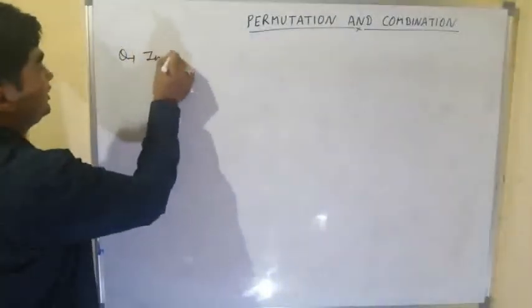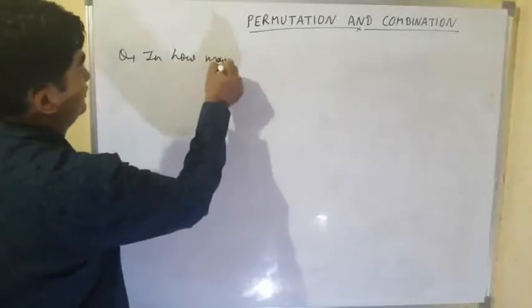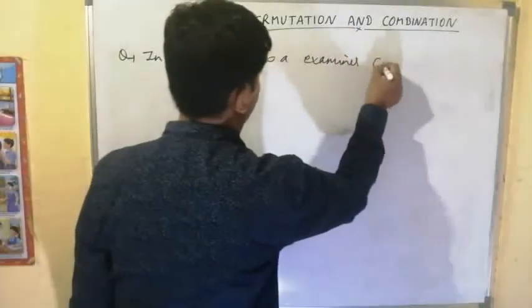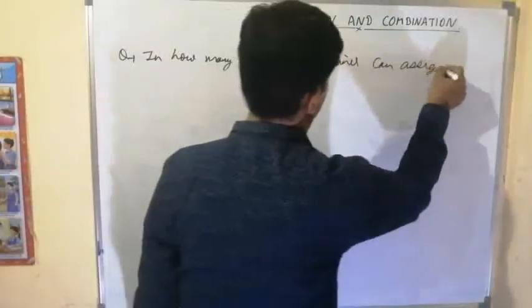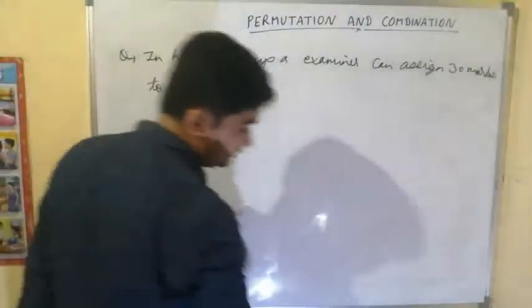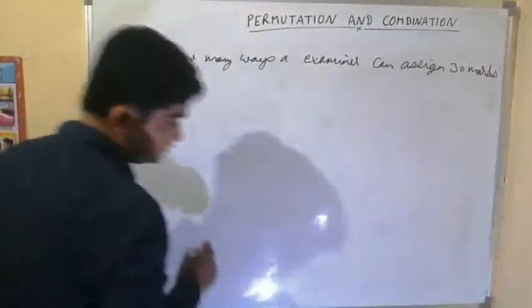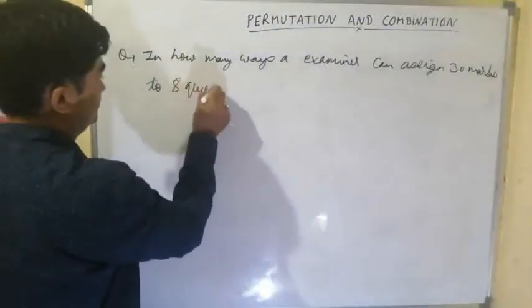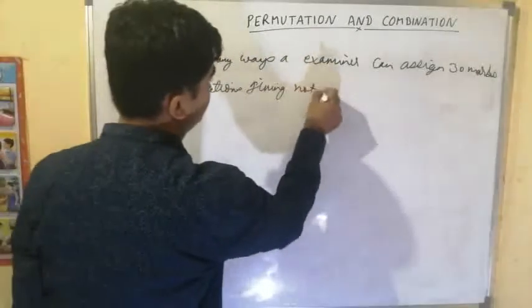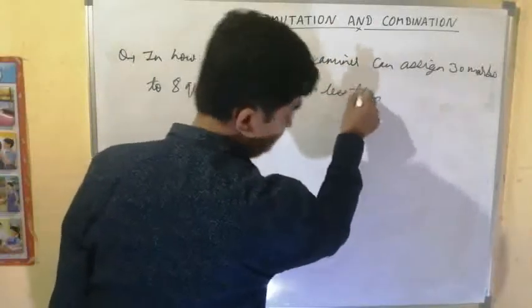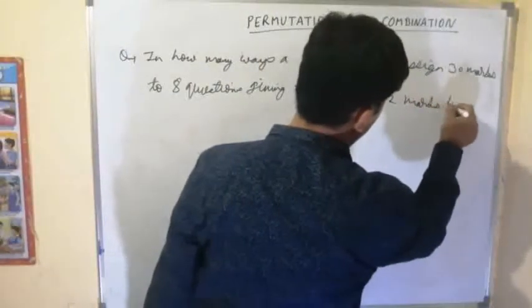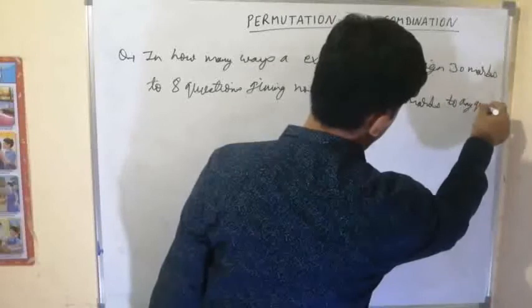The problem is, in how many ways can our examiner assign 30 marks to 8 questions, giving not less than 2 marks to any question?